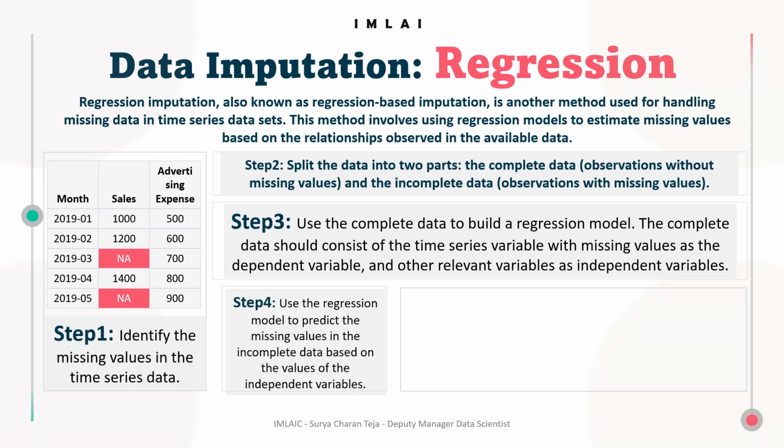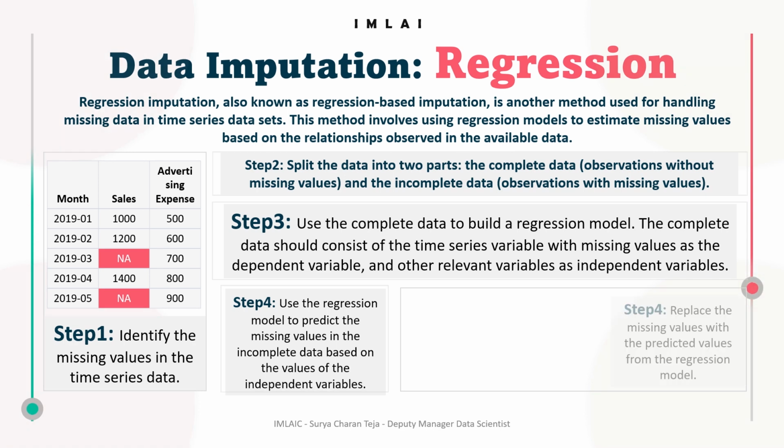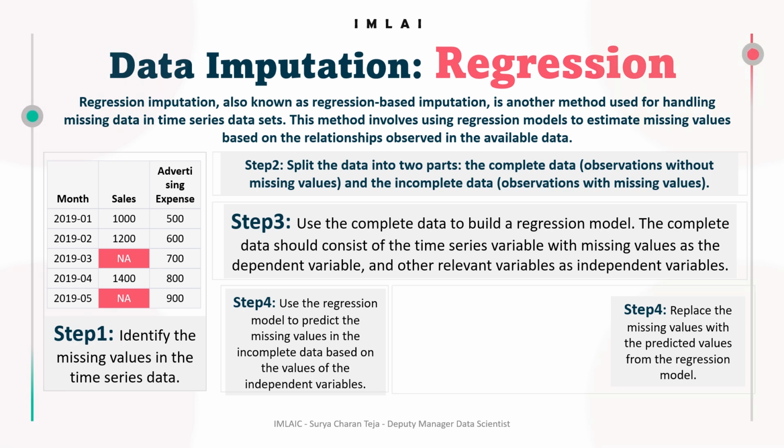Then step four, use the regression model to predict the missing values in the incomplete data based on the values of the independent variables. And step five, the last step, replace the missing values with the predicted values from the regression model.